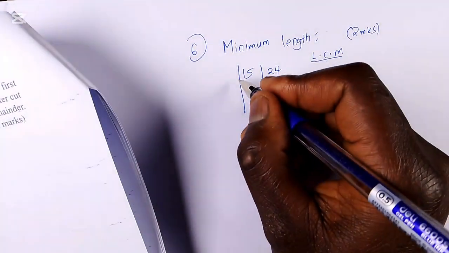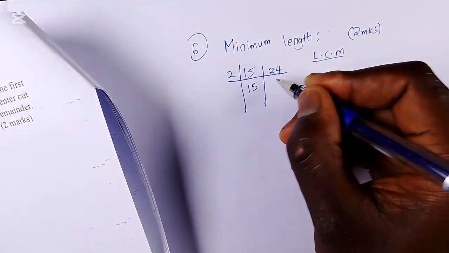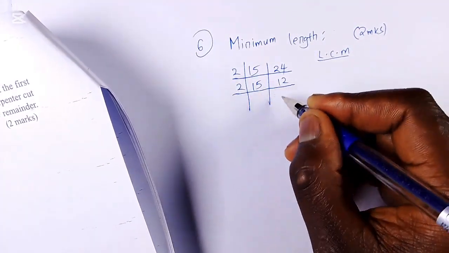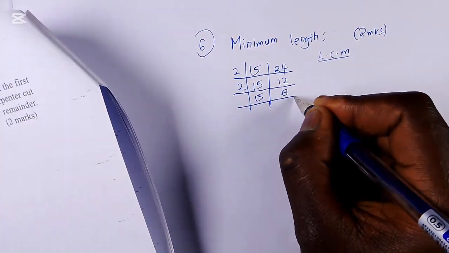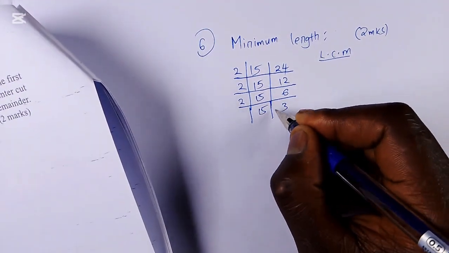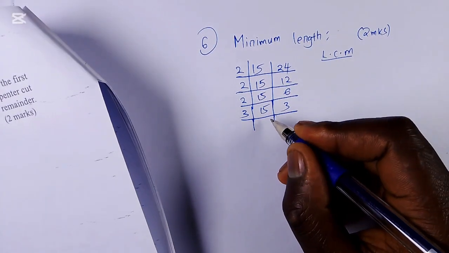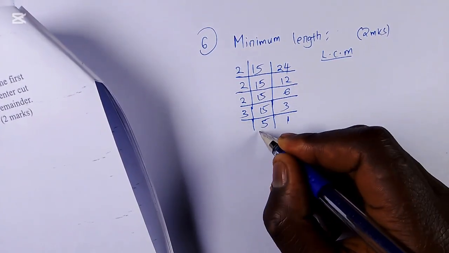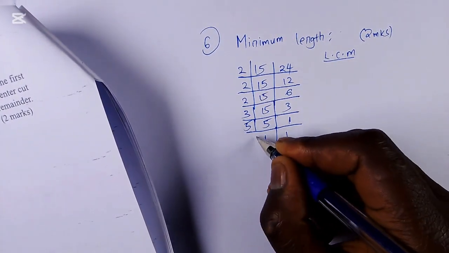For us to determine the LCM of 15 and 24, we will start with the least common factor for both, that is 2. Here we'll have 15 and 12, then we'll still use 2 and have 15 and 6, we'll still use 2, then 15 and 3. The next factor will be 3, giving 5 and 1, and last but not least will be 5, and that will give us a 1 and a 1.